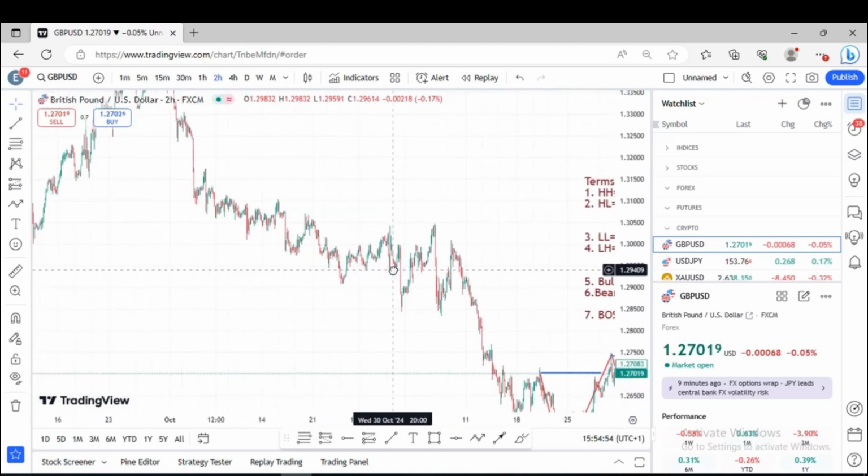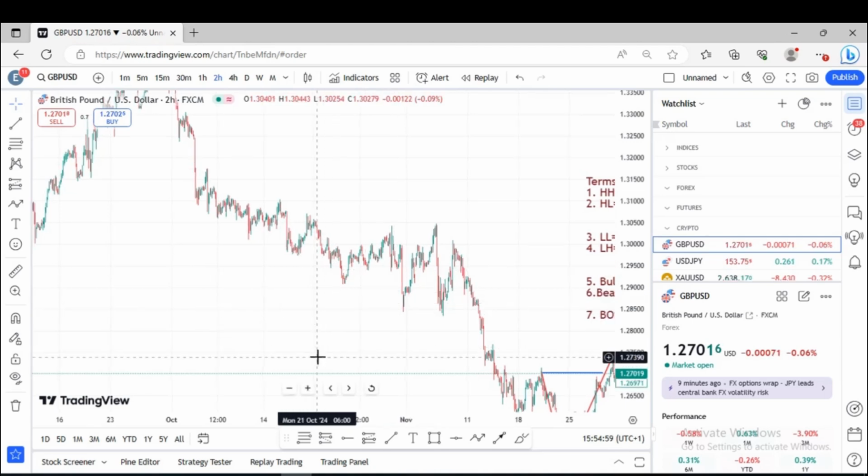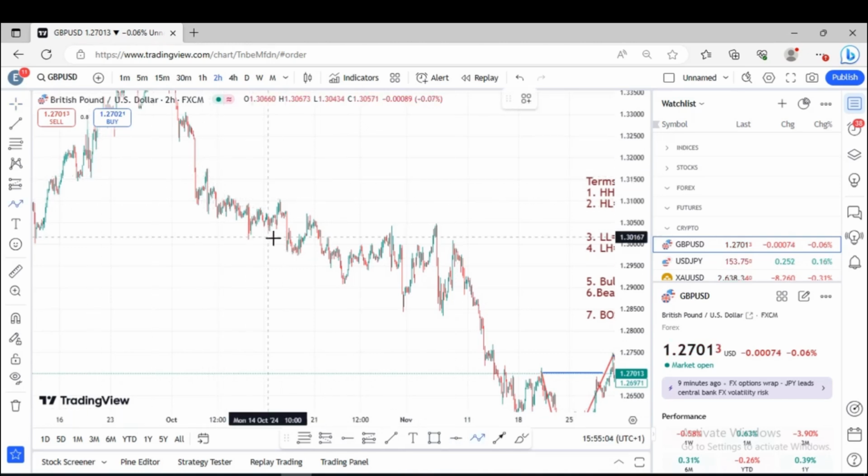Okay, you have something like this here. This is a very good example of a downtrend.